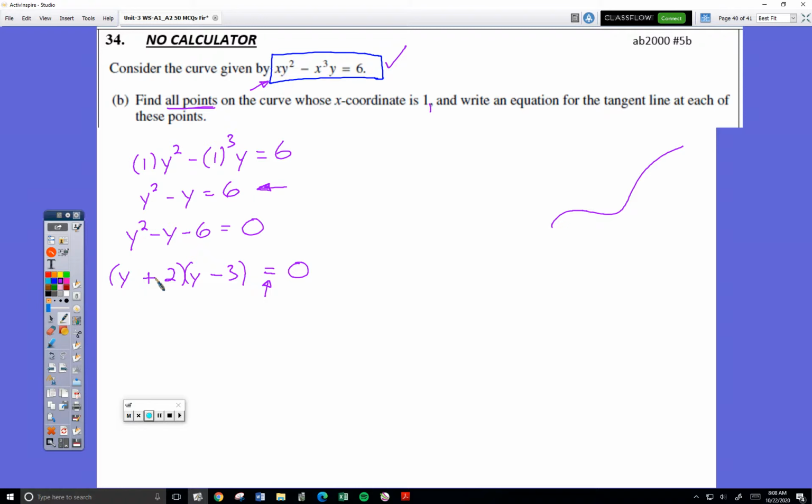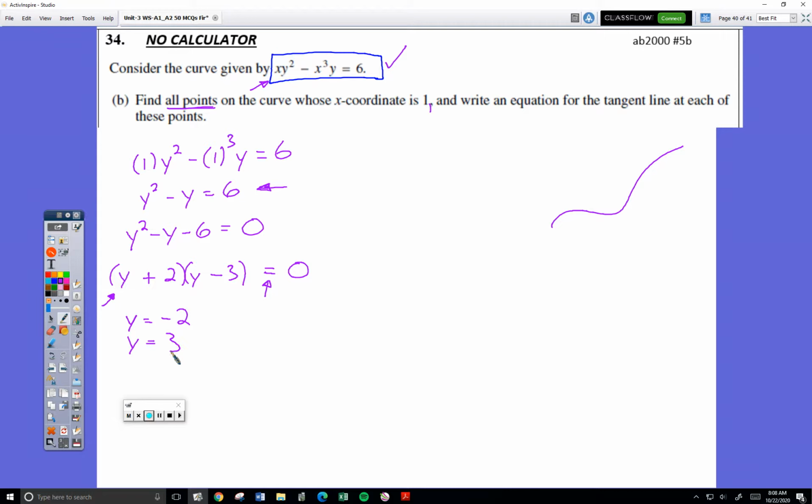So next thing I would do, don't look at this and say, oh, I just take the opposite. Look at this and say, what's the value of y which will make this equation true? So those values are y equal -2 and y equal 3.